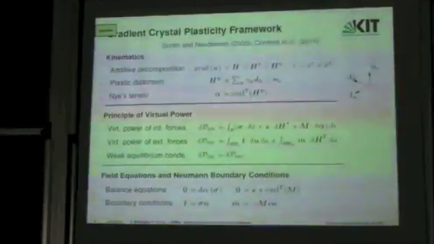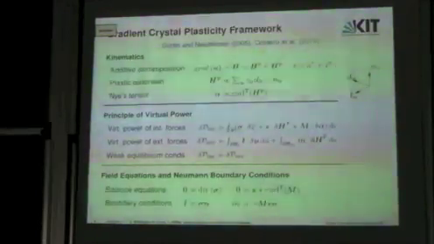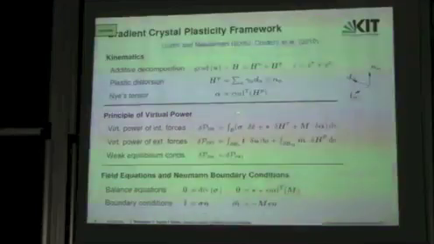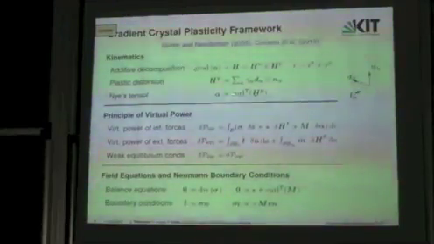Therefore, we consider here an extended or improved version of the theory, at least we try to improve it, by taking additional microscopic information into account.